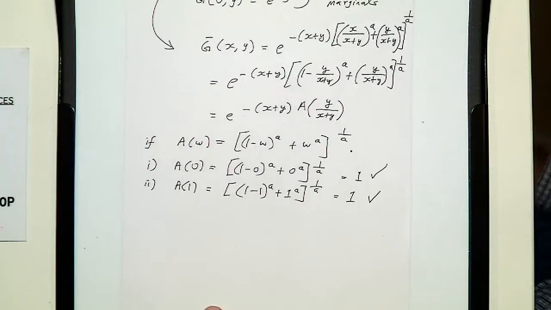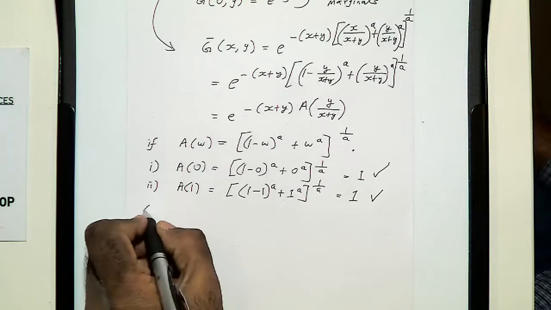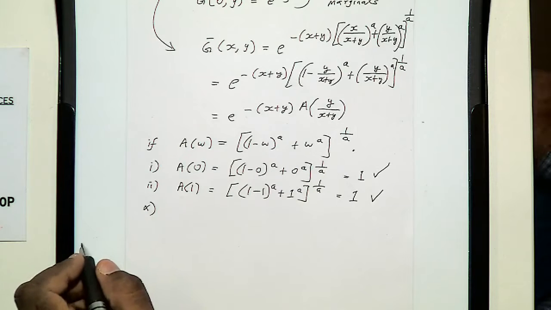Okay, and condition 3, in order to check condition 3, we need to check alpha, beta, gamma.